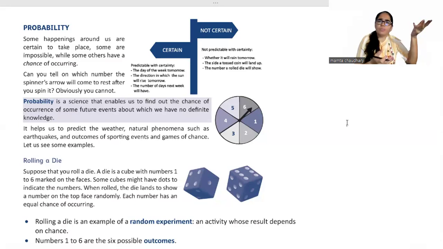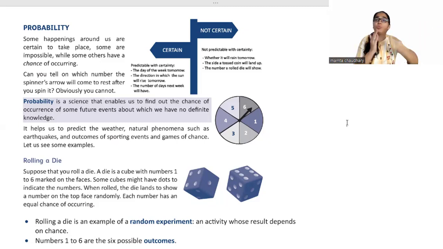That will surely happen. If I ask you, tomorrow the sun will rise, what will you say? Yeah, sure, it's a certain event. Now, a few of the events are not certain, like if I ask you, tomorrow will it rain? It is not certain. It can or cannot be.